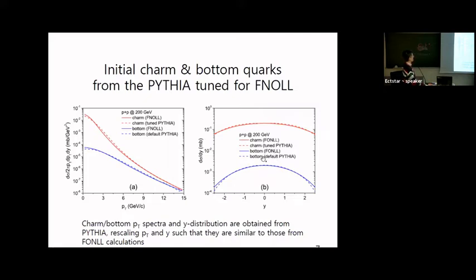The left figure is the pT spectrum of charm and bottom from FONLL calculations and from our rescaled PYTHIA. They are not completely identical, but they are very similar. And the right figure is the rapidity distribution of charm and bottom.